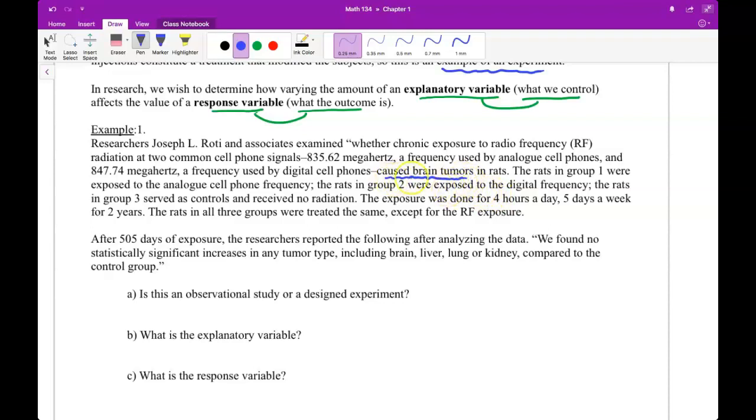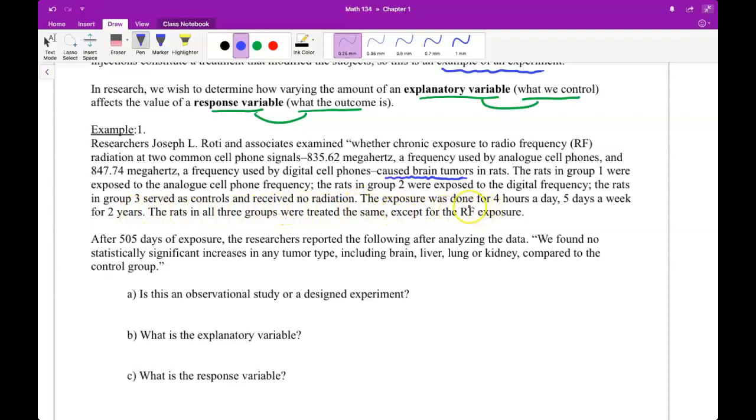The rats in group 1 were exposed to the analog cell phone frequency. The rats in group 2 were exposed to the digital frequency. The rats in group 3, so in total we have 3 groups, served as controls and received no radiation. So group 1 was analog cell phone frequency, group 2 is digital, and group 3 no radiation.